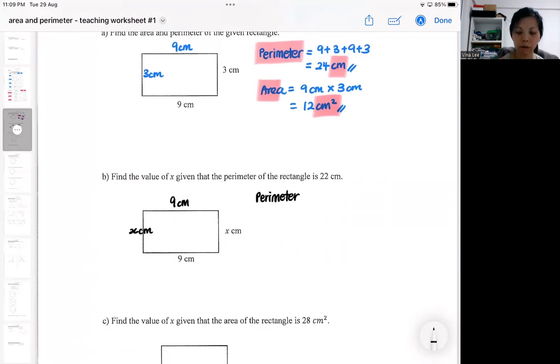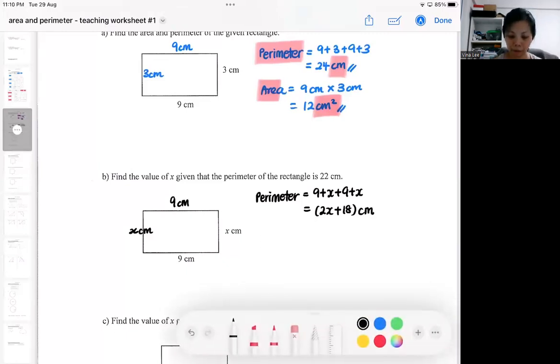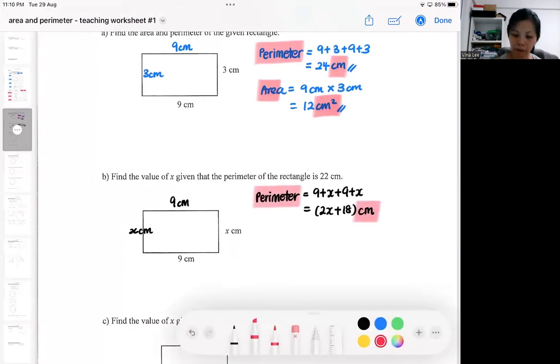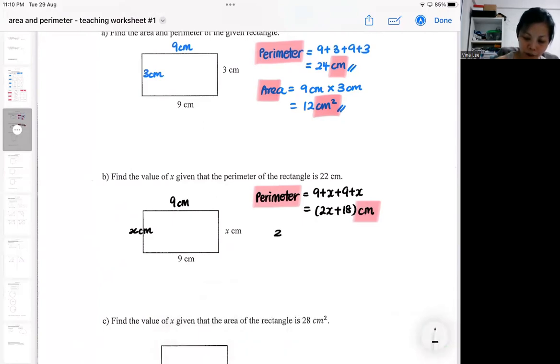So the perimeter is 9 plus x plus 9 plus x, which gives 2x plus 18. Remember units and label. Then, because the perimeter is 22, I'm going to take that algebra equal to 22.